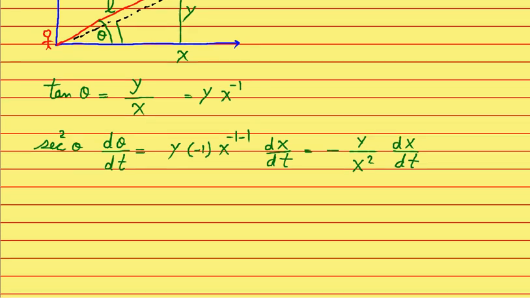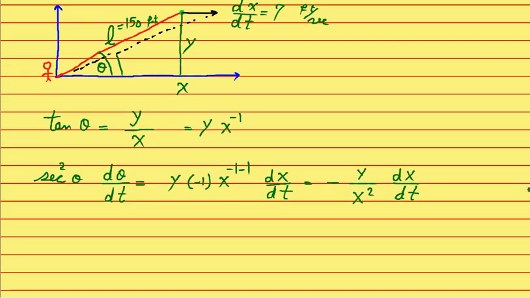Now to make this formula easier to digest later on, let's remember who is secant of theta. Secant of theta is a ratio of what was it? Ratio of hypotenuse to adjacent. So instead of secant of theta, I'm going to write hypotenuse to adjacent.